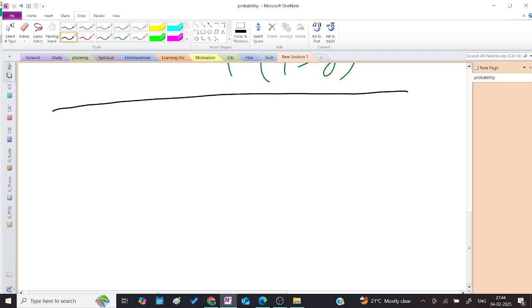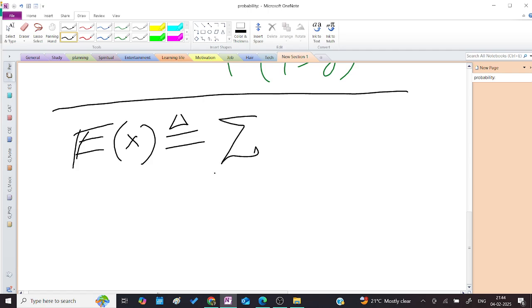So we all know this thing, like the expectation of x is given by the summation over all x belonging to the set capital X of x times p(x).